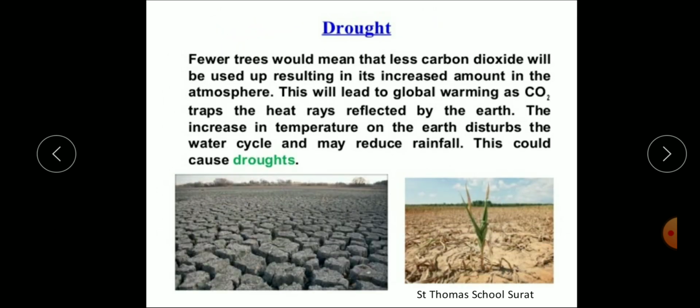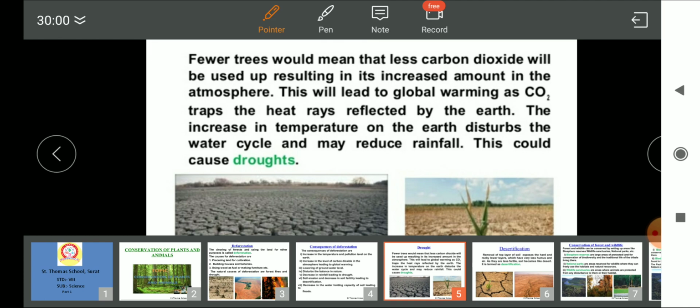Now, as I told you, there are natural calamities such as floods and droughts. Now what is drought? Fewer trees would mean that less carbon dioxide will be used up, resulting in its increased amount in the atmosphere.